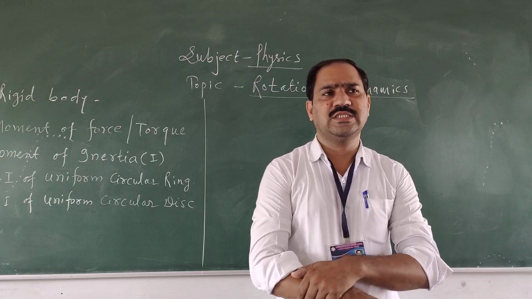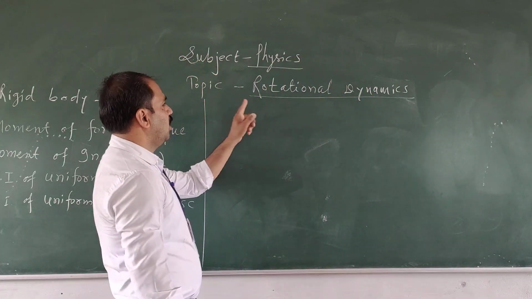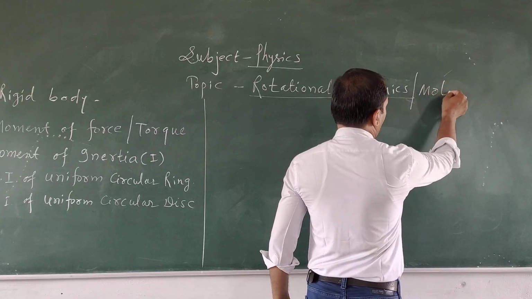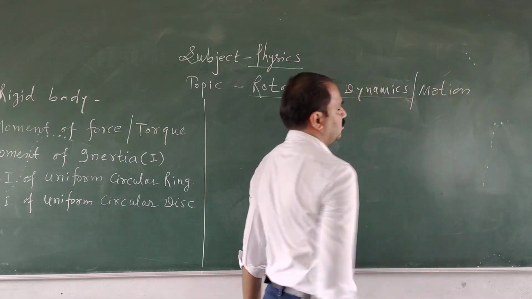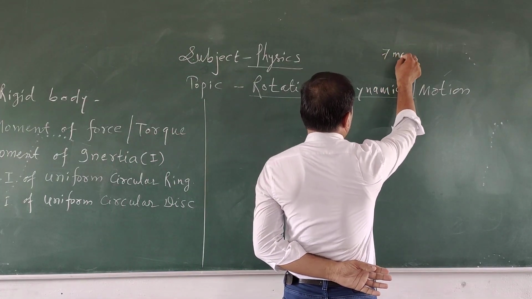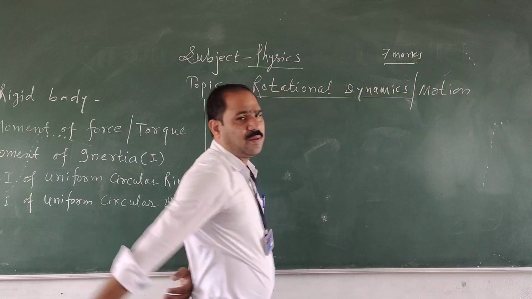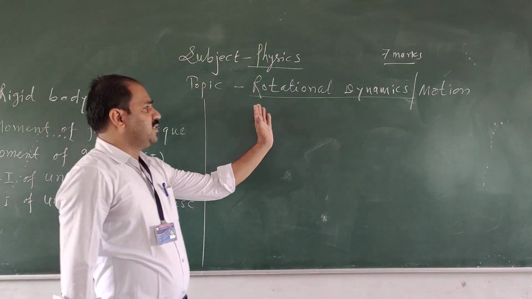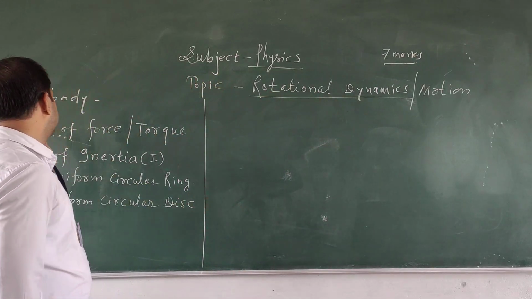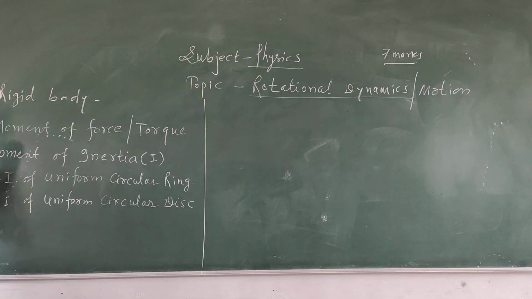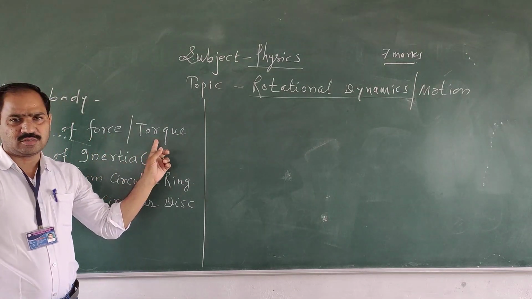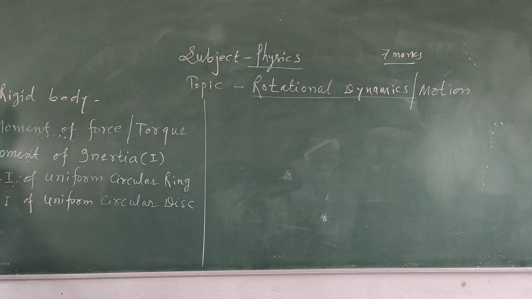Now I want to discuss here the chapter rotational dynamics. This is again called rotational motion. This chapter has 7 compulsory parts, and rotational dynamics contains the subtopics: rigid body, moment of force, which is again called torque, and moment of inertia.